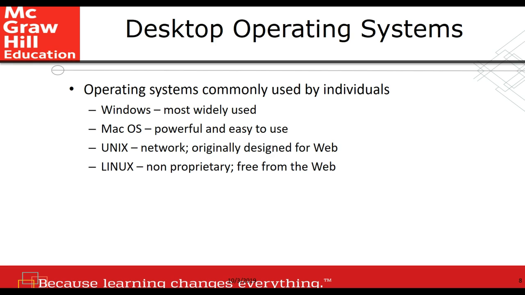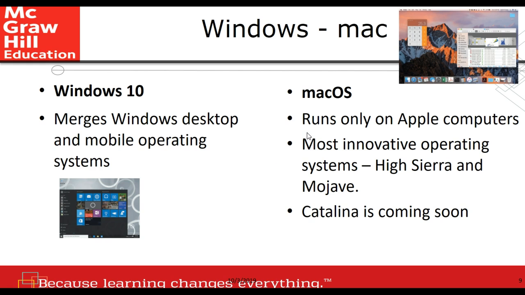Windows is the most widely used, and then Mac is more powerful, easy to use, usually more stable and more secure. Unix is a network operating system, usually used in a mainframe computer, and Linux can be used as a server and also as a desktop. Let's talk about each of these.